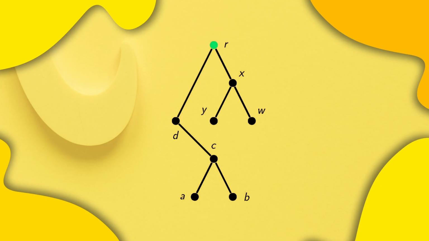C has 2 children, A is the left child, B is the right child. So, this is a binary tree.